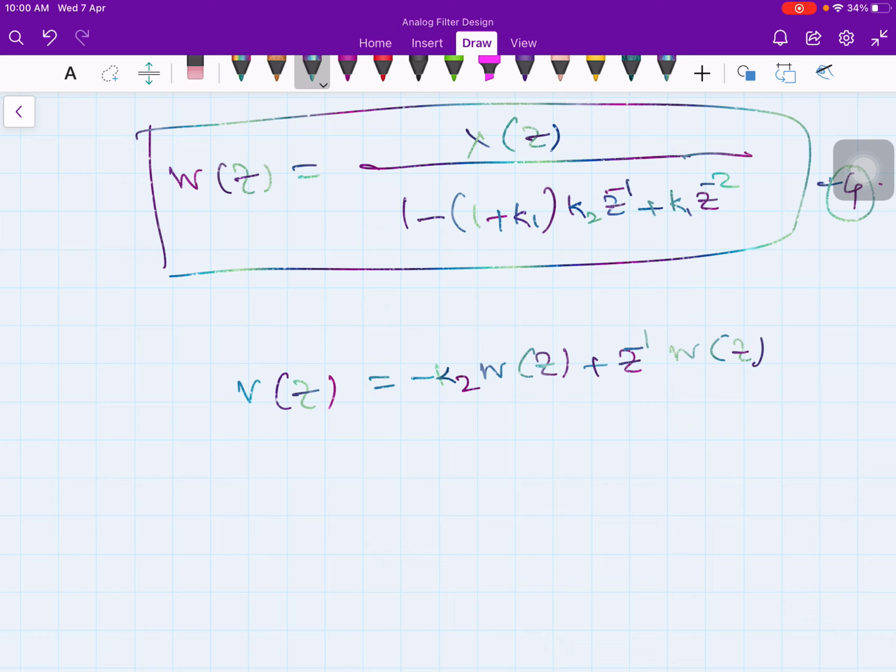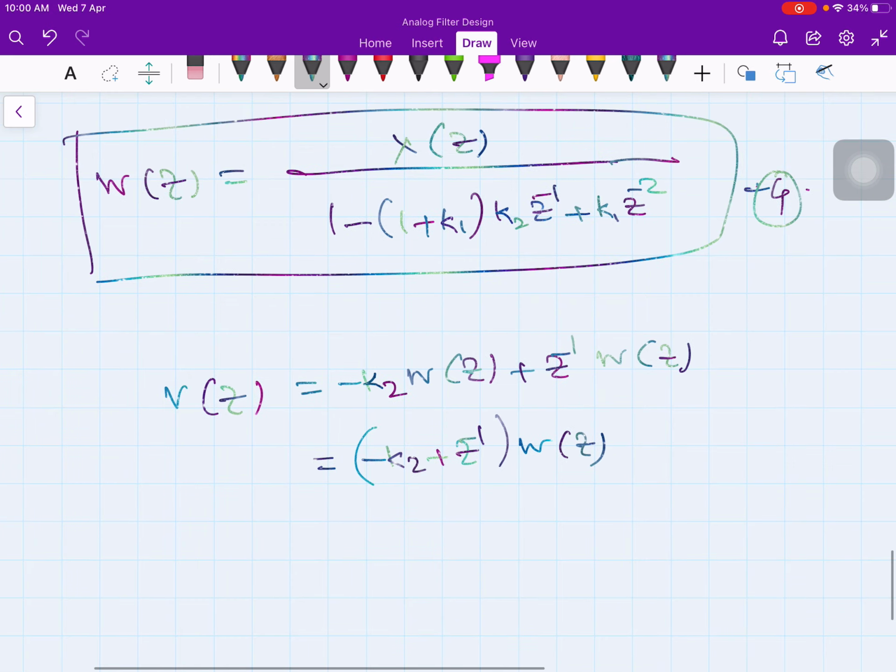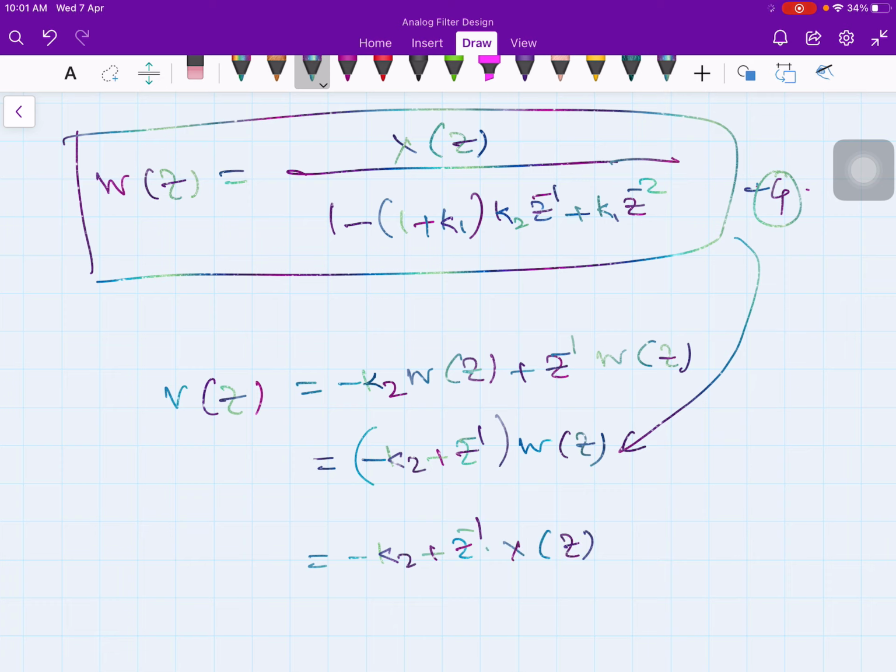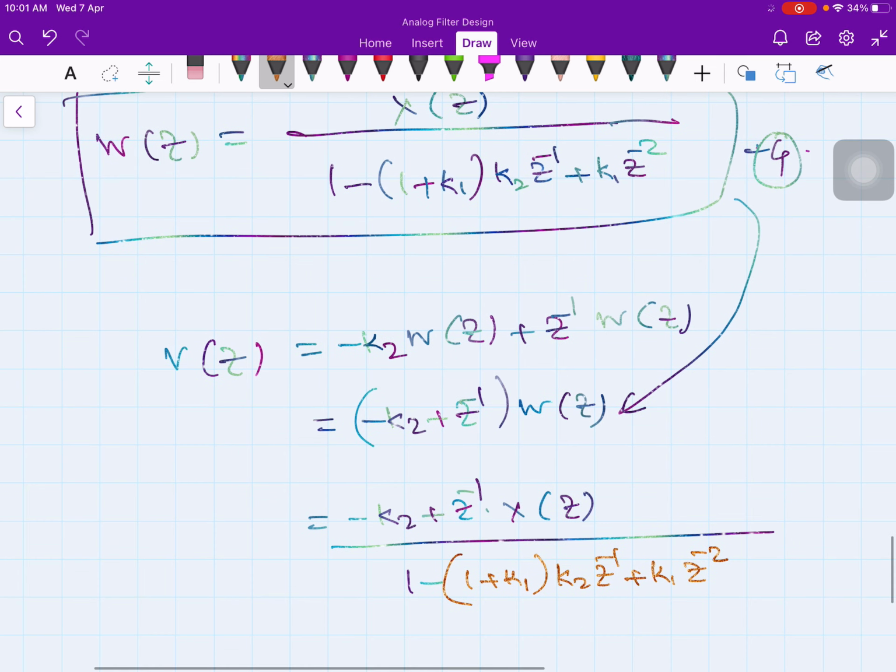Equation 2, this is minus k2 plus z inverse times w of z. So you substitute here, minus k2 plus z inverse times x of z whole divided by 1 minus 1 plus k1 k2 z inverse plus k1 z to the minus 2. This is v of z.